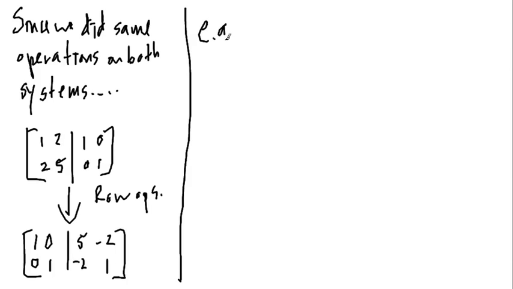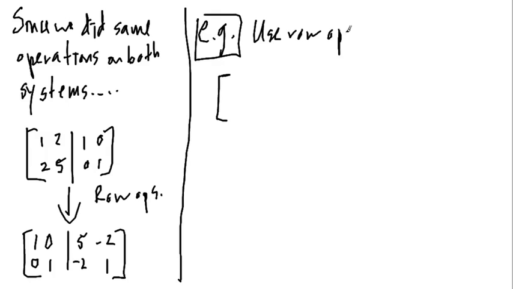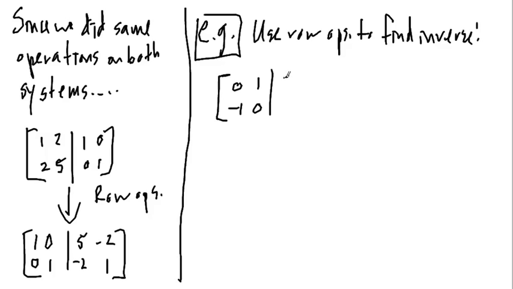So let's try that out in another case. Let's do something fairly simple. Let's use row operations to find the inverse. Let's start with 0, 1, -1, 0, and find its inverse.